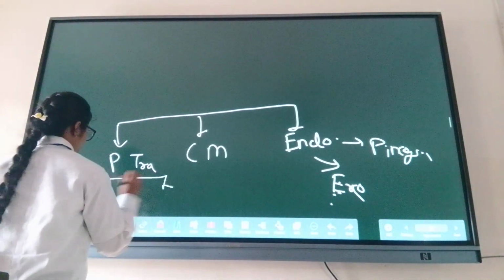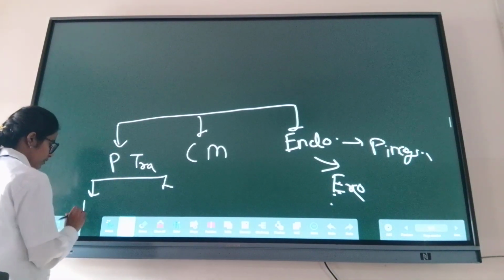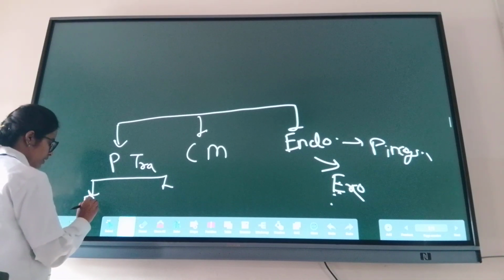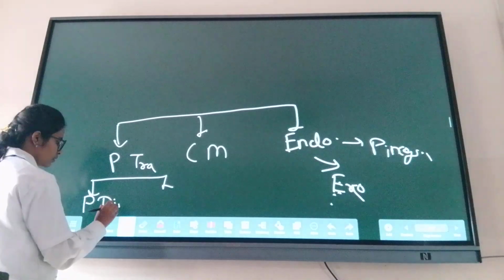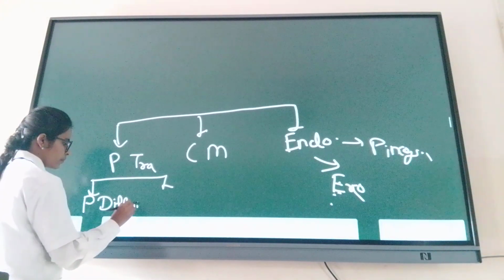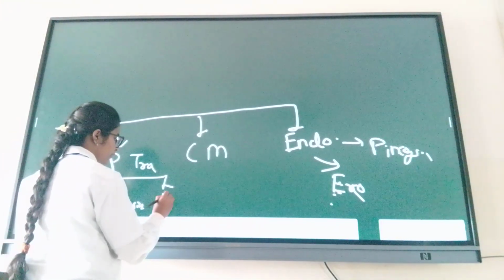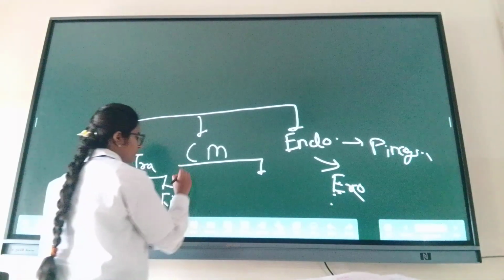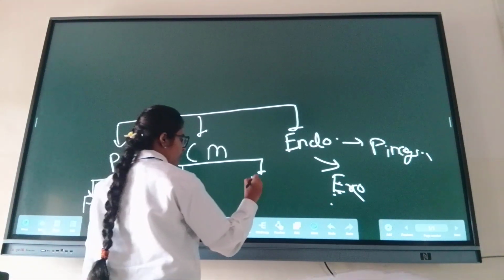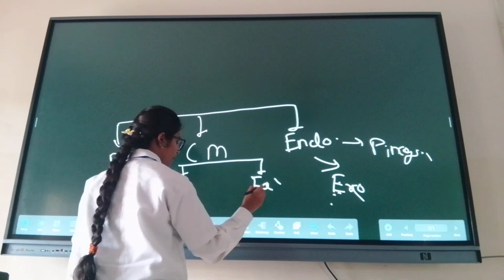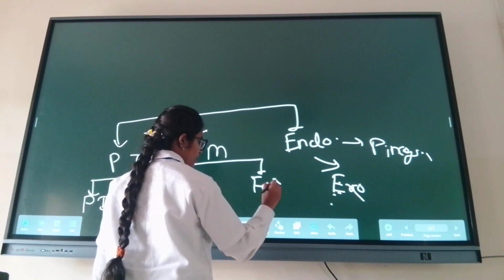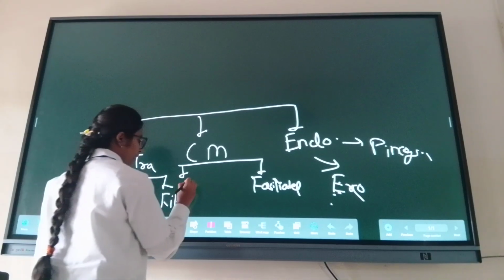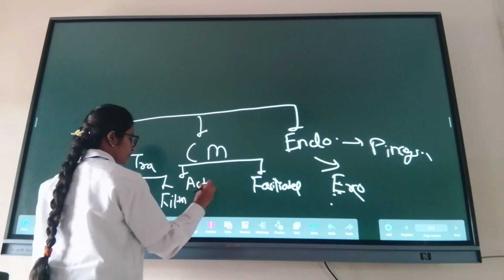In passive transport there are two types: passive diffusion and filtration. And in carrier mediated transport there is facilitated diffusion, facilitated transport, and active transport.